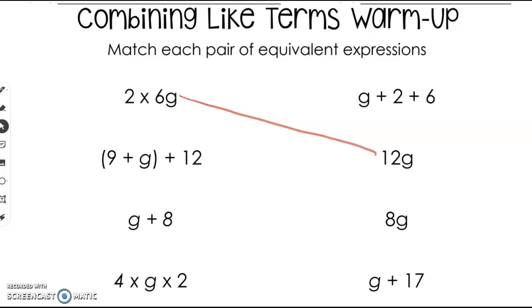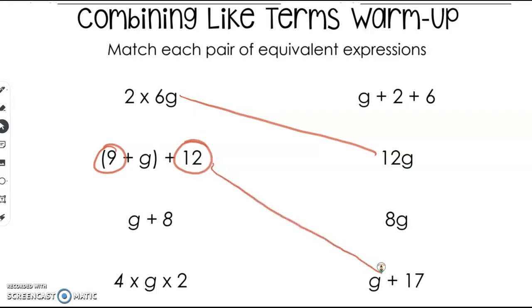9 plus g plus 12. Notice how these are in parentheses. Because there's a plus sign here, I can get rid of my parentheses and just say 9 plus g plus 12. Well, 9 plus 12 gives me 17.